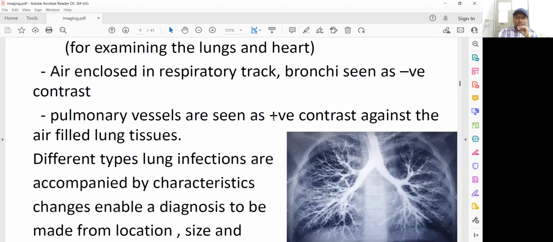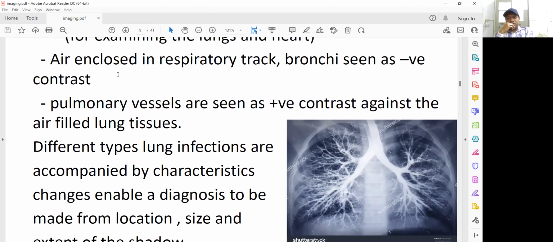By using the positive contrast for the pulmonary vessels, with the blood inside, and the respiratory tract with some air inside it as negative contrast, using the contrast difference we can easily determine whether there are any abnormalities or not.